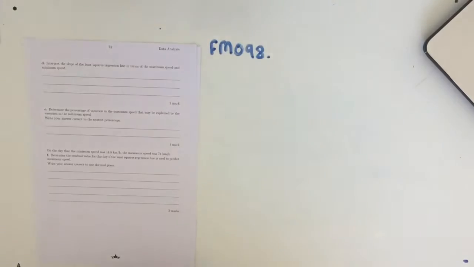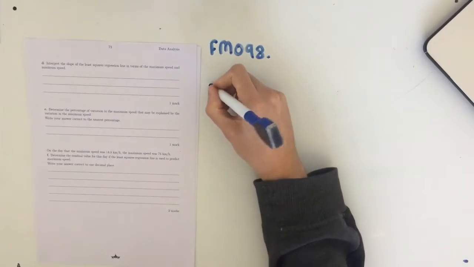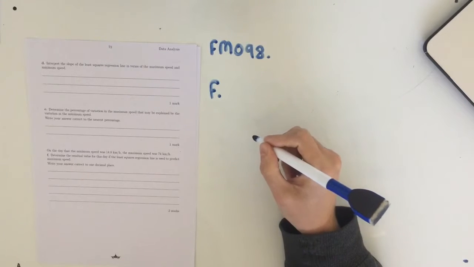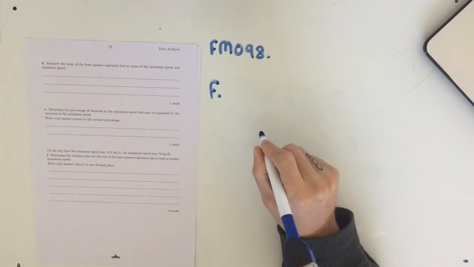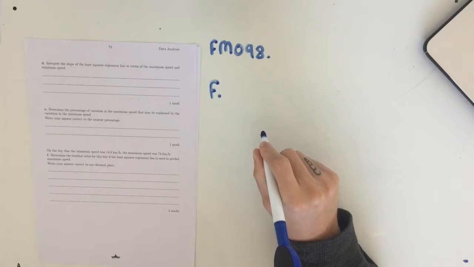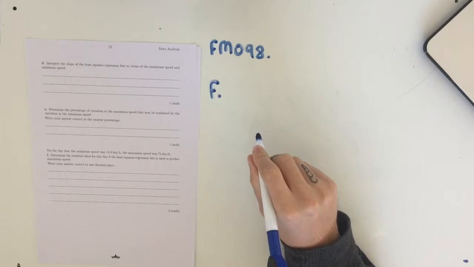And lastly, part F. So, on the day that the minimum speed was 14.8 kilometers, the maximum speed was 74 kilometers. Determine the residual value for this day if the least squares regression line is used to predict maximum speed. Write your answer correct to one decimal place.